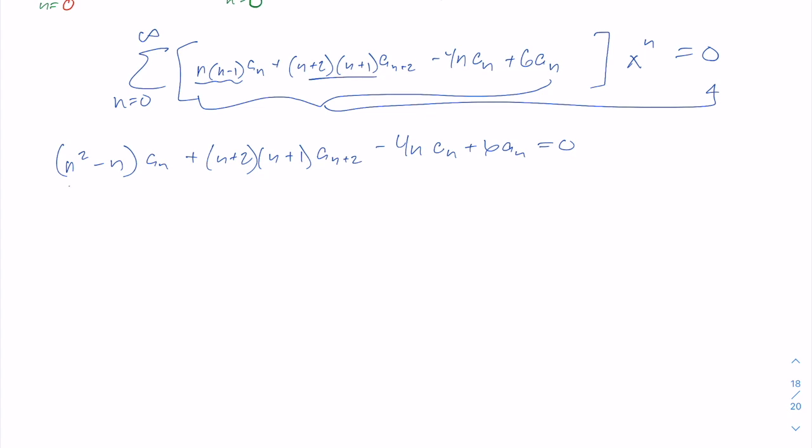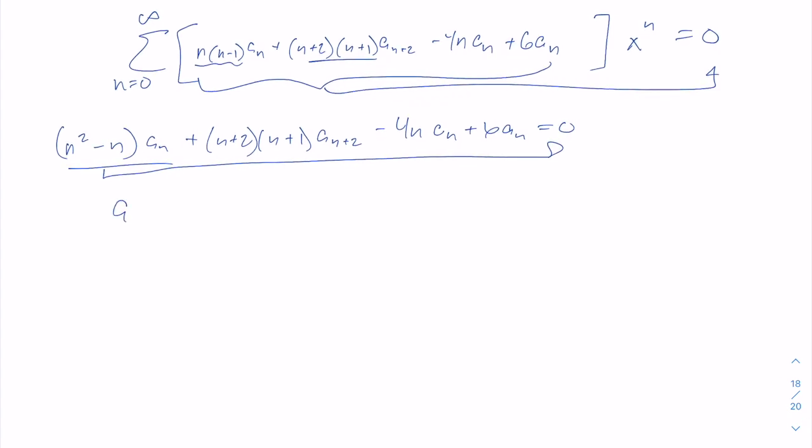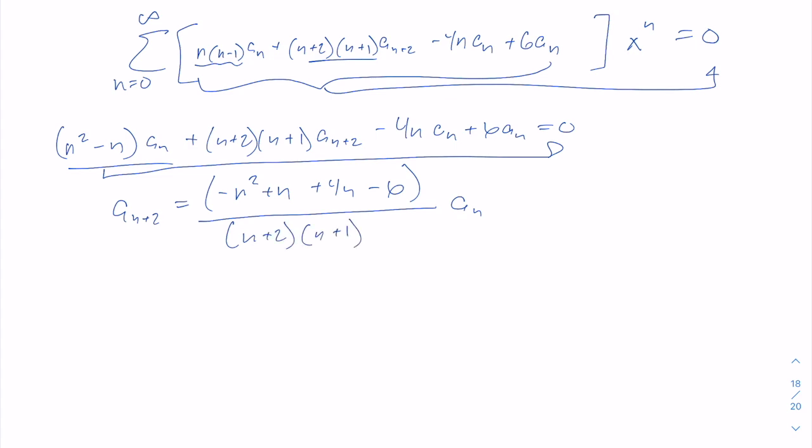And all of the a sub n things will go to this side. So I'll have a sub n plus 2 is equal to, all right, negative n squared plus n plus 4n minus 6, all of that times a sub n divided by n plus 2, n plus 1.